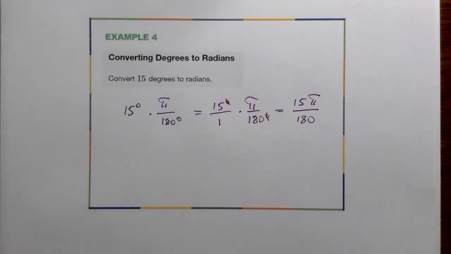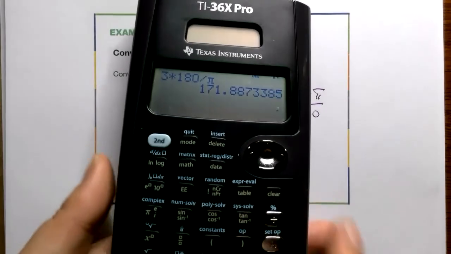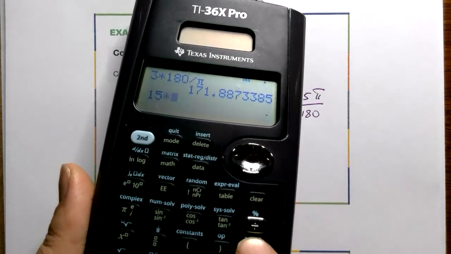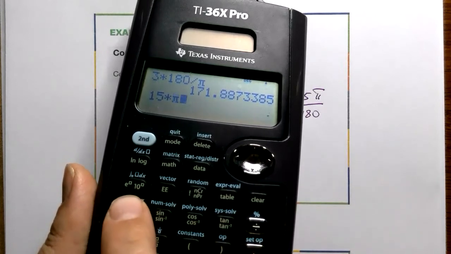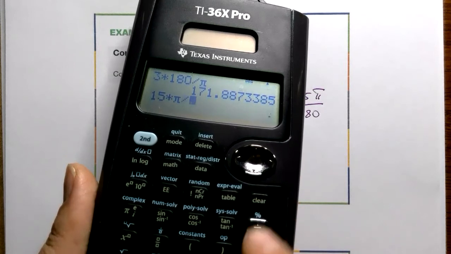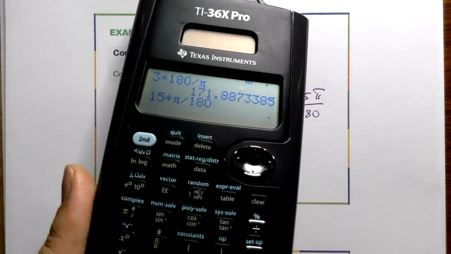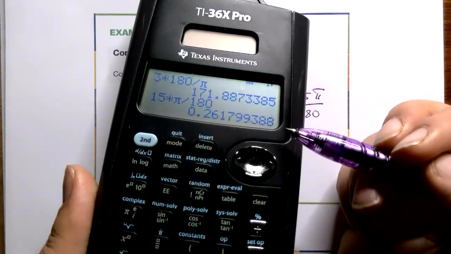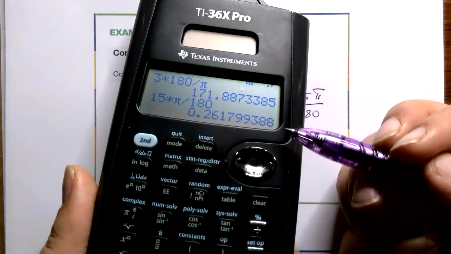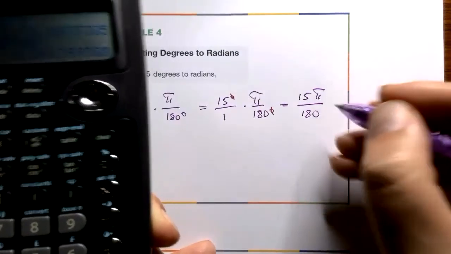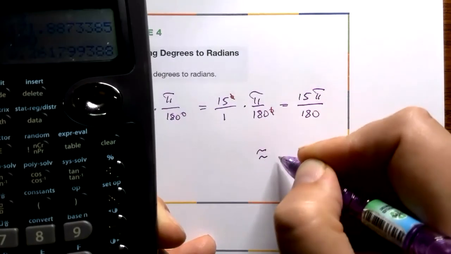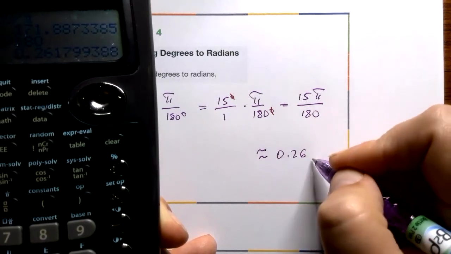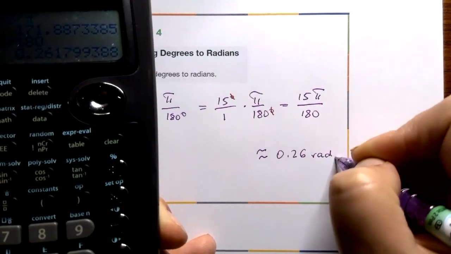And all we need to do now is to put this into our calculator. So we're going to have 15 times pi divided by 180. And so the answer is approximately 0.26 radians.